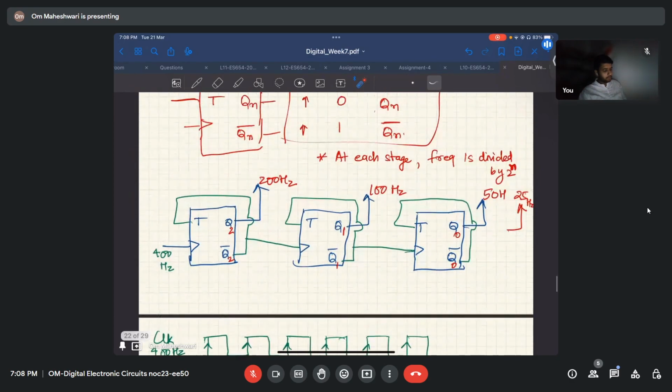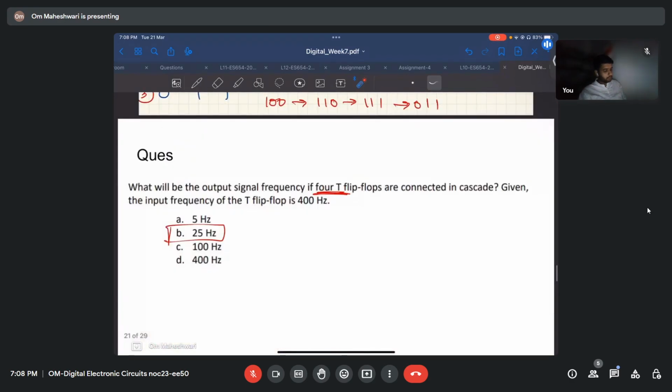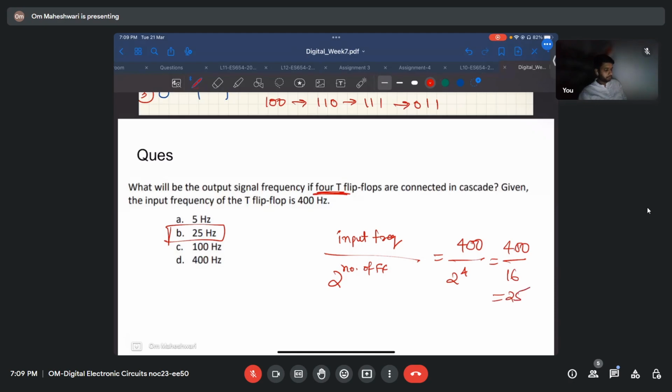So I think four flip-flops are connected, right? So at the end of the 4th output, it is input frequency divided by 2 to the power number of flip-flops. So 400 divided by 2 to the power 4, that is 400 divided by 16, 25.